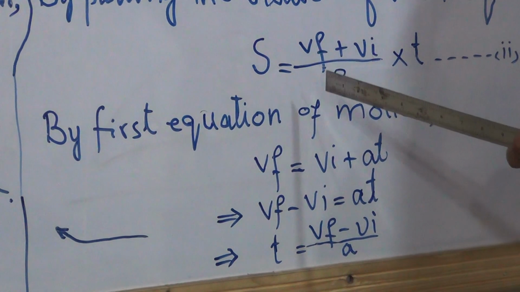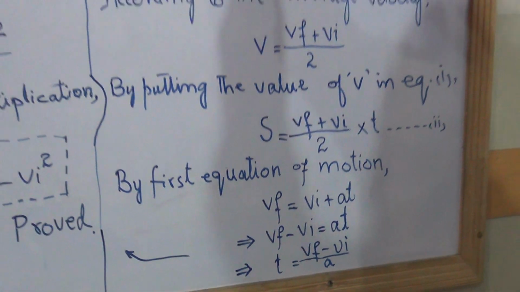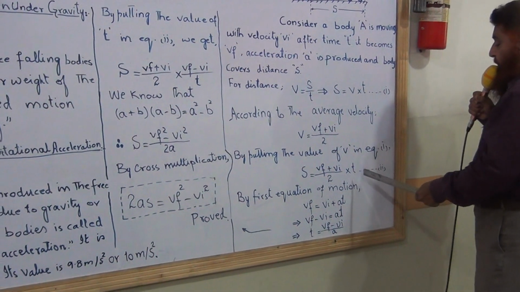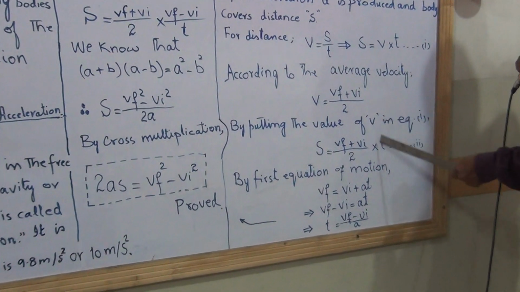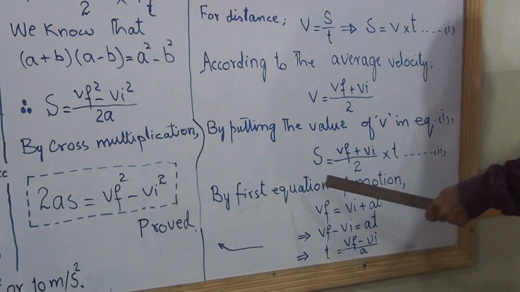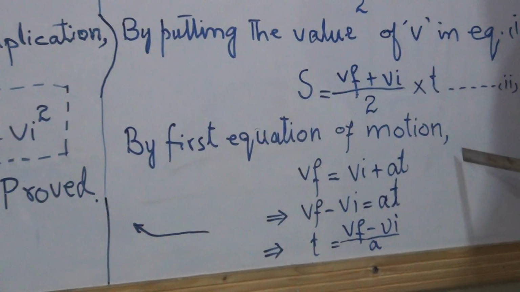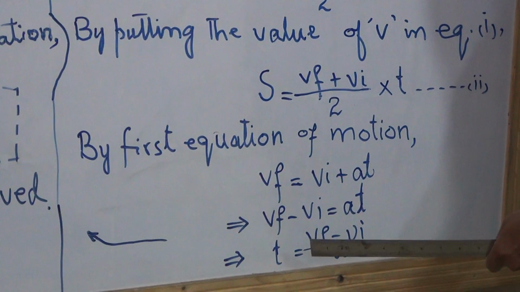Now in the third equation, there is no time. Look, there is no time. You have to remove it. Whenever you have to remove any term, you will put its value. So we will take its value from the first equation of motion. Its value can be derived.